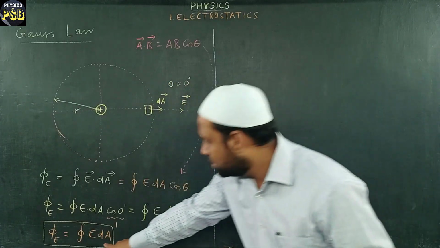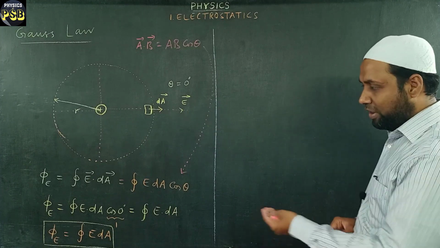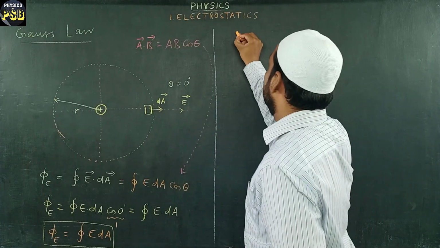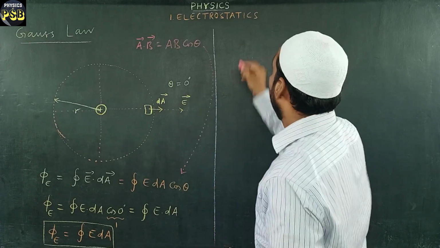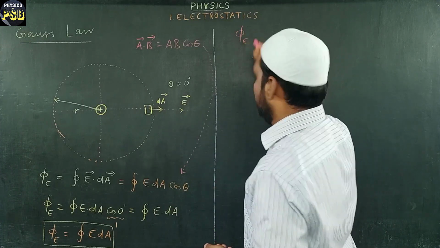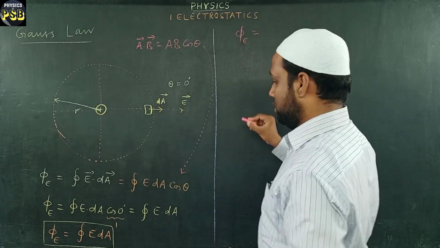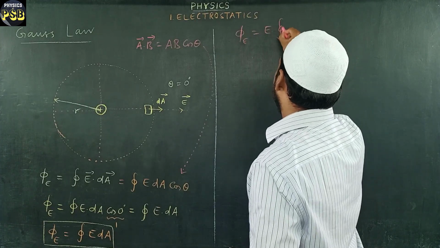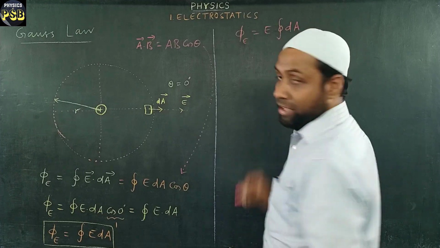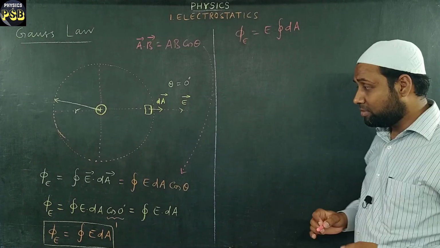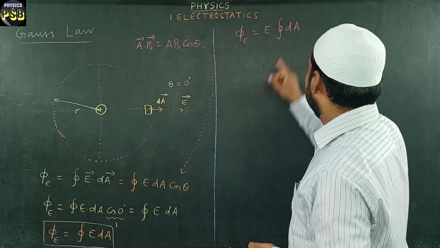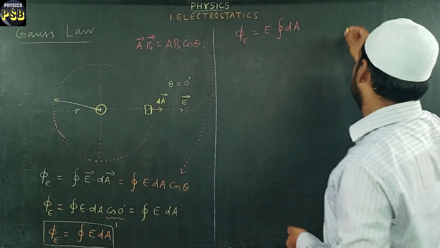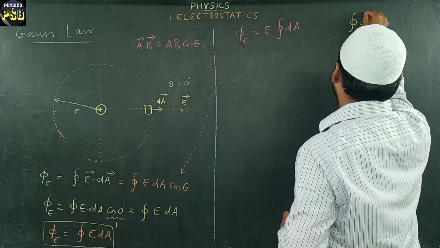I can write this final equation in this manner. It can be written as phi E equals, now E is taken out, E times closed integral of dA.